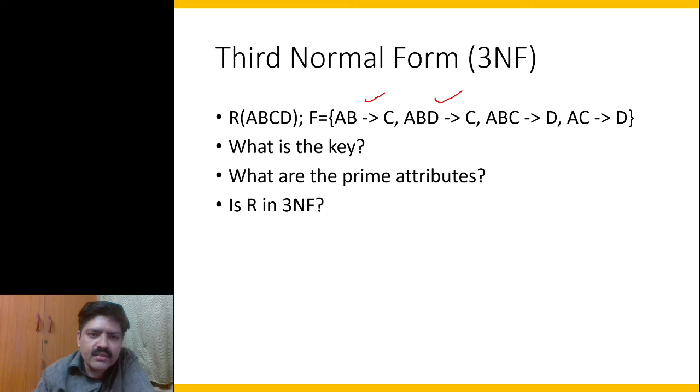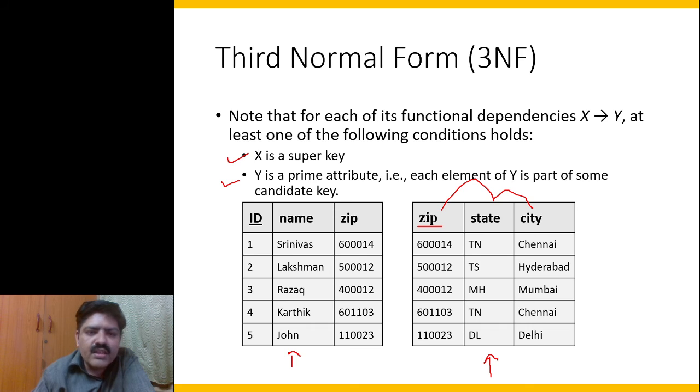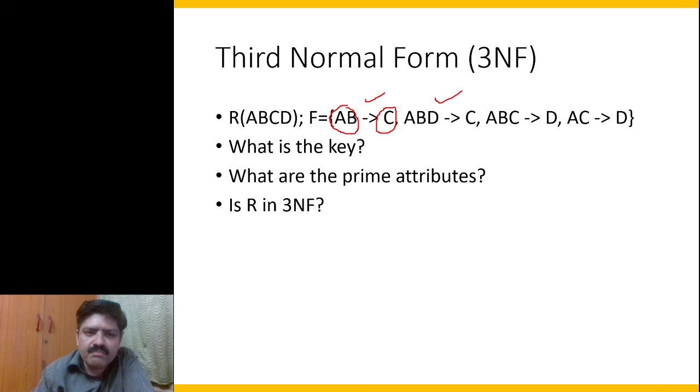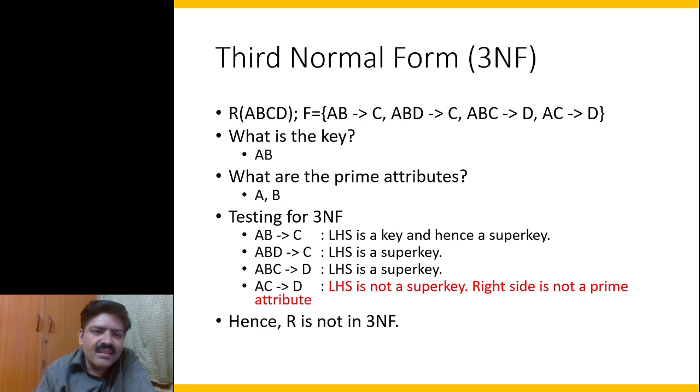So either X should be a super key or Y should be a prime attribute. Okay, so that's what we want to check, and if that turns out to be the case, then it's in third normal form. Otherwise we say it's not in third normal form. Once again, pause the video here and work it out yourself to see if you understood correctly. So here is the answer.